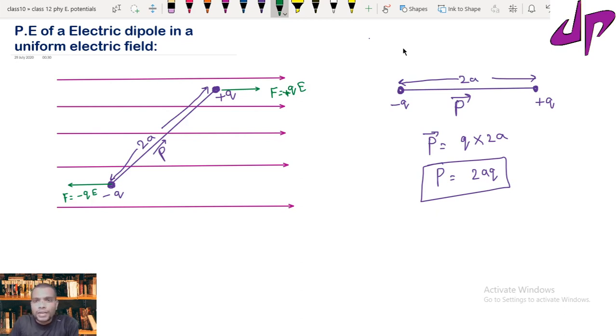And we define a torque tau equal to force times perpendicular distance.